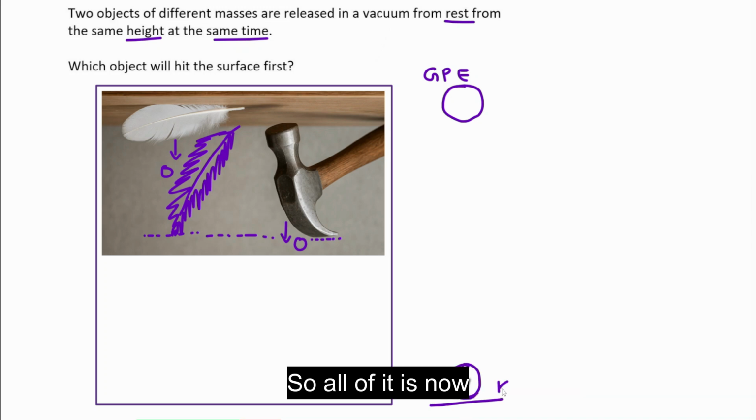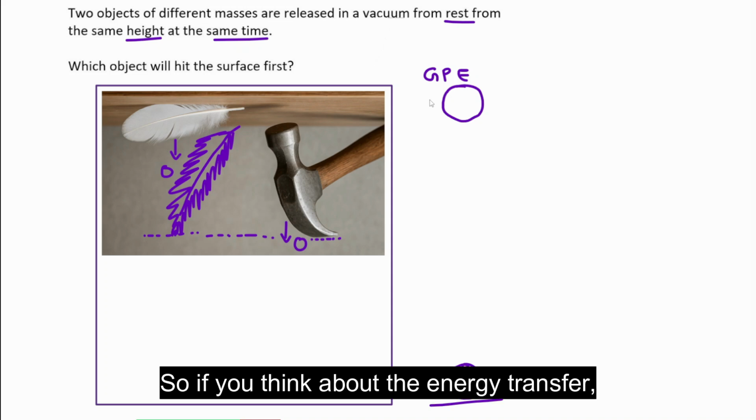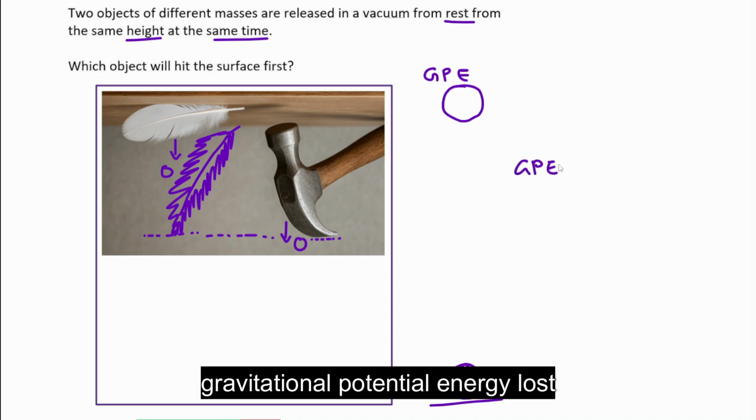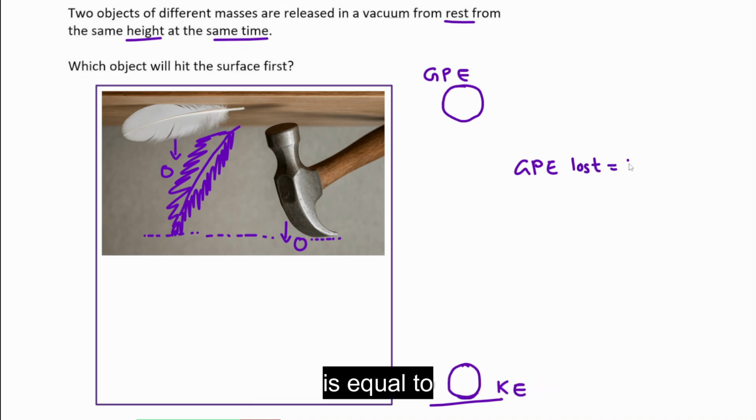So all of it is now in the form of kinetic energy. So if you think about the energy transfer, gravitational potential energy lost is equal to kinetic energy gained.